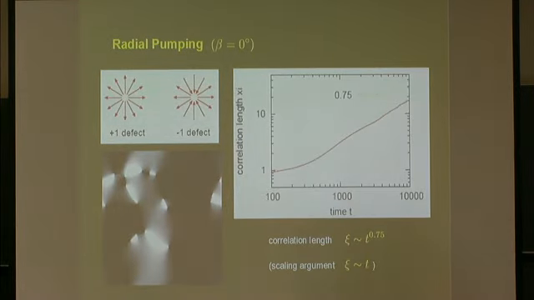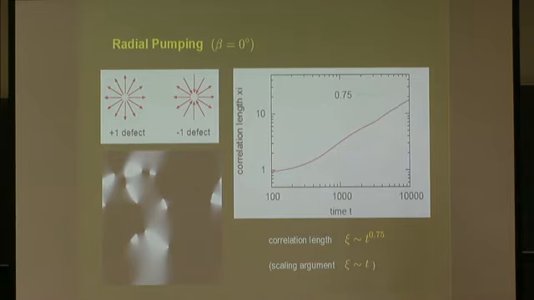So we have two kinds of defects, +1 and -1, the winding numbers. And the plot here is the average distance between the defects as a function of time. So we can see a power law behavior with an exponent 0.75. So it's faster than diffusion. And also we can develop a scaling argument which suggests that the correlation length should grow linearly with time.